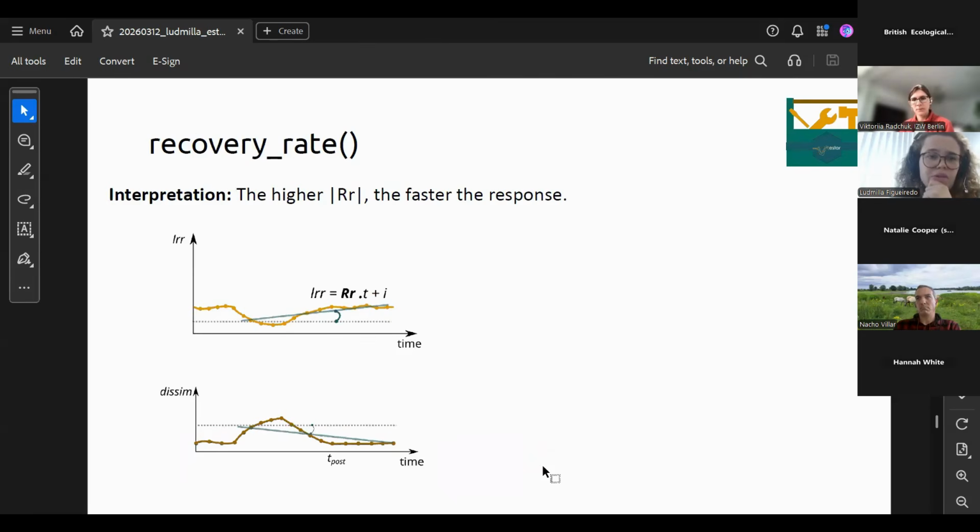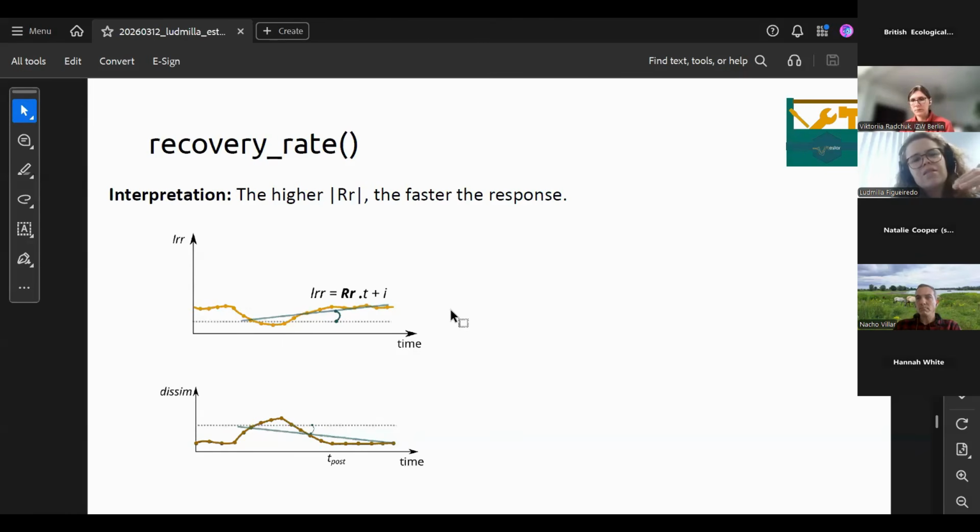Recovery rate is our third metric, and this is basically the slope of a linear model that we fit to your response. As I said, in this case, we're using the log response ratio. You have other options, and for community dissimilarity, the same. But you see that the line we fit goes in the other direction because it's dissimilarity, right?